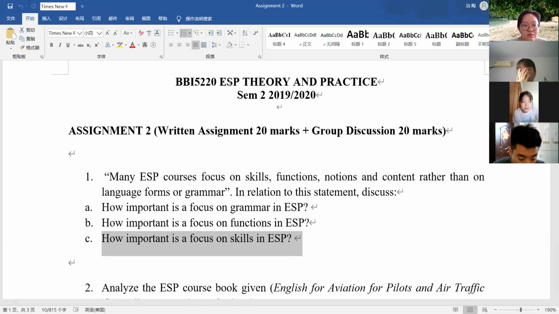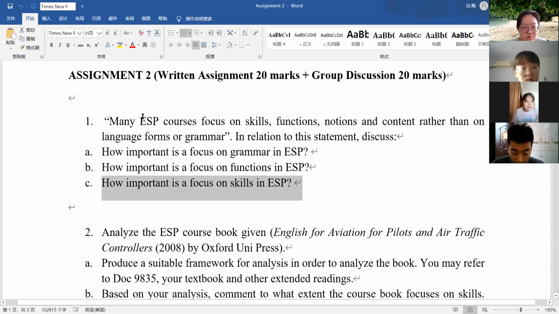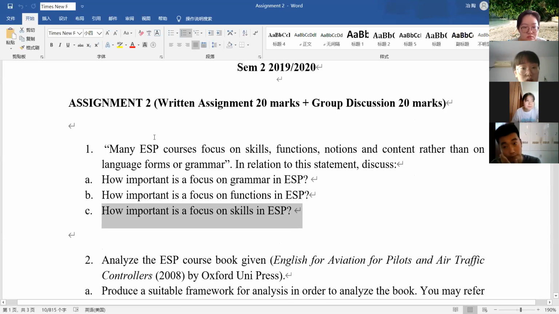Oh, we forgot one thing. We must add some references at the end of our answer. Don't forget, I have already put it in. Okay, so that's all about the first part.